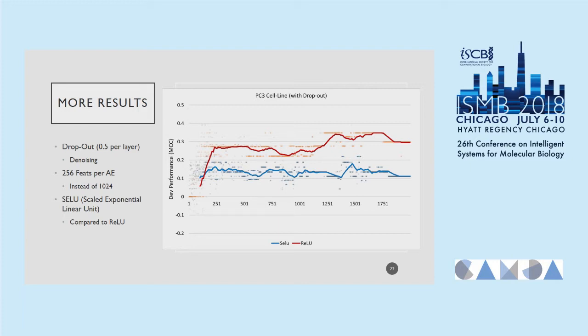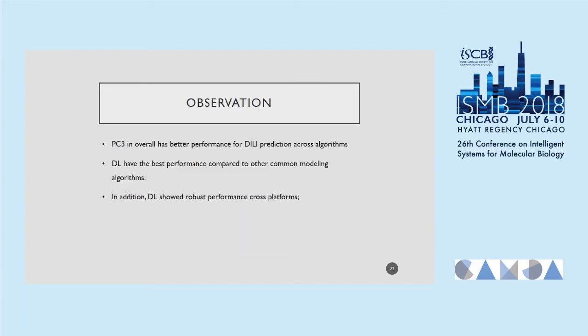We also extended our epochs from 500 to 1000 to 2000. You can see from here it has some fluctuation because we have some dropout layers, but still the performance on average was above 0.25 in MCC, which was quite similar to the model we submitted before.